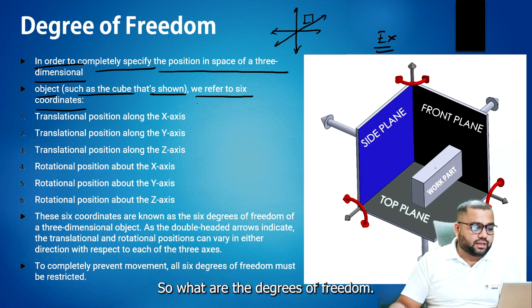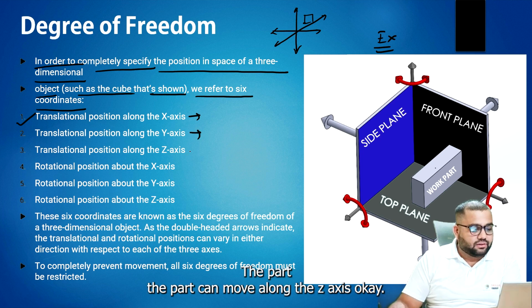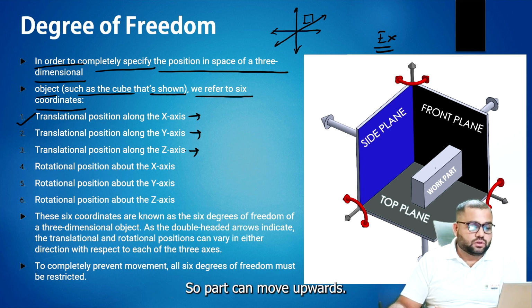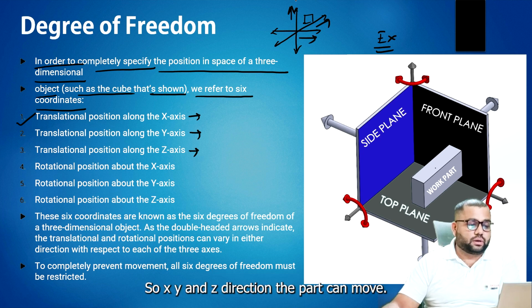So what are degrees of freedom? 3 are translational. The part can move along the x-axis, the y-axis, and the z-axis. The part can move upwards, this side, and in this direction.